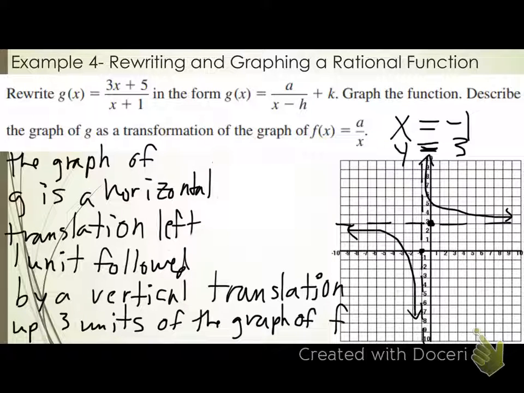And there would be me describing the graph of g as a transformation of the graph of f.